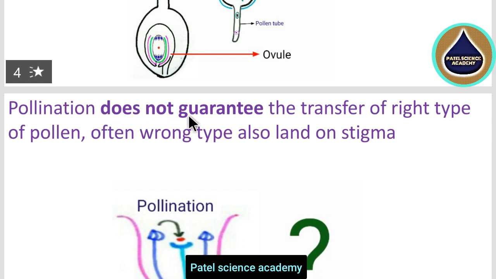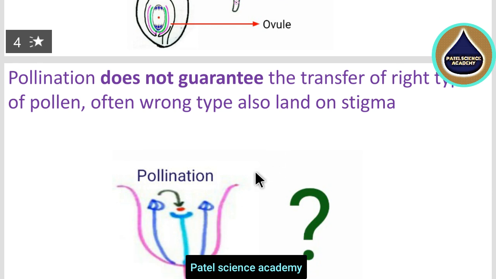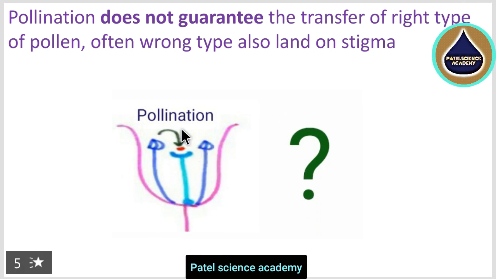Pollination does not guarantee the transfer of the right type of pollen. Often the wrong type also lands on the stigma. So it means pollination is not a 100% perfect process for the transfer of the right type of pollen grains on the stigma.